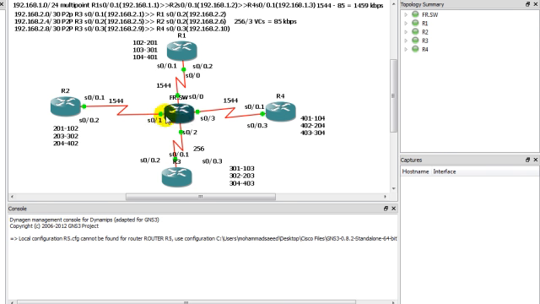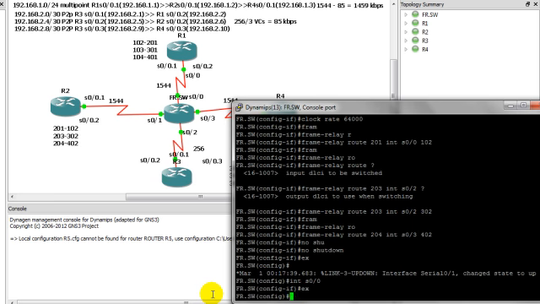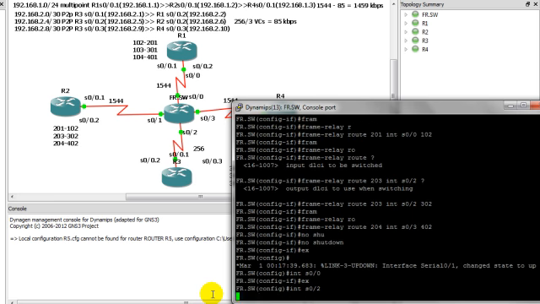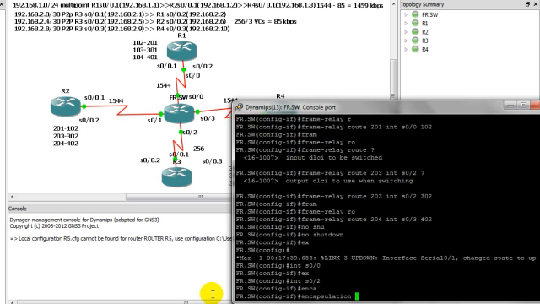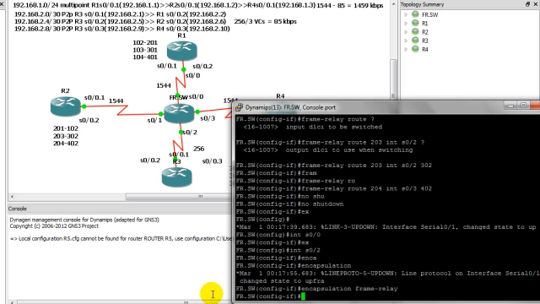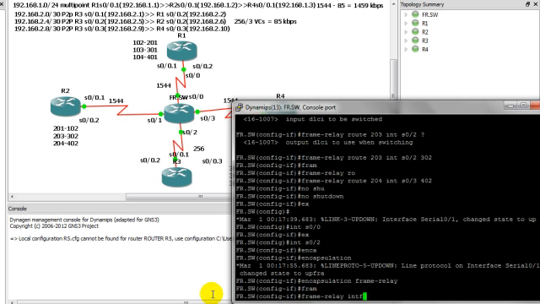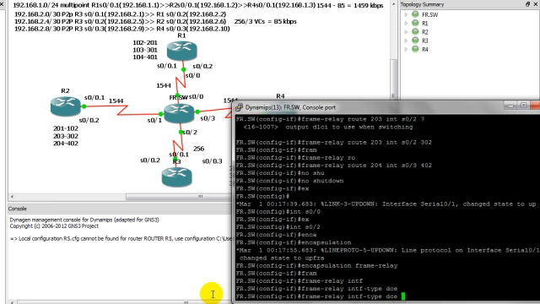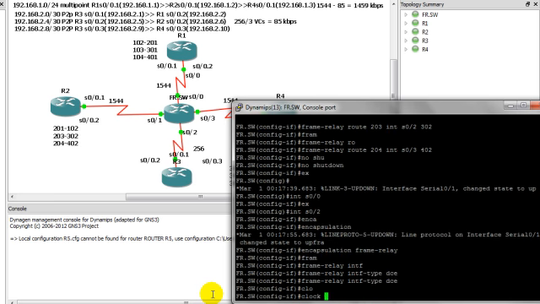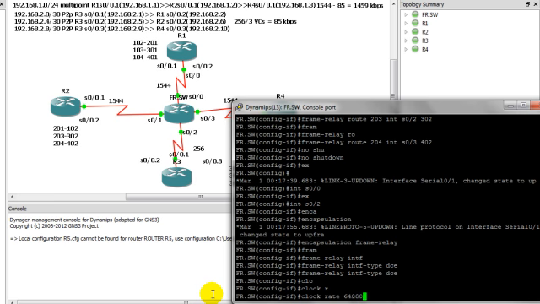We are going to go to this interface which contacts the router 3, serial 0/2. Now interface serial 0/2, encapsulation frame relay, interface type DCE with the clock rate 64000.